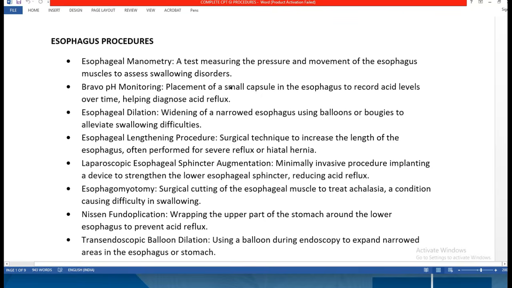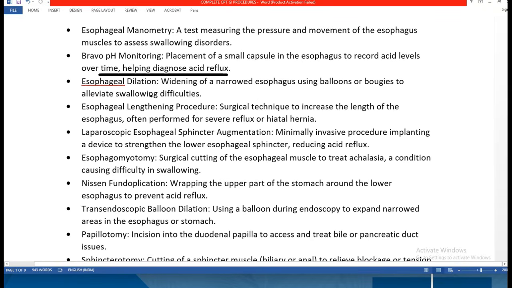Placement of a small capsule in the esophagus to record acid levels over time, helping diagnose acid reflux. Most of the time the patient will undergo this Bravo pH monitoring for acid reflux disease. In the operative report, if you find Bravo pH, your PDX must be acid reflux. During the procedure, the small capsule is inserted in the esophagus.